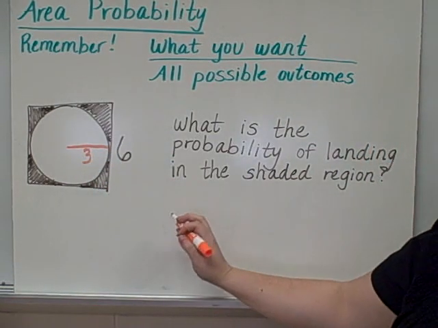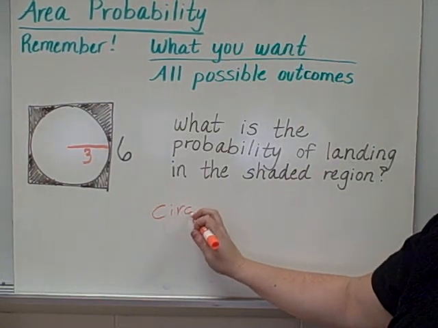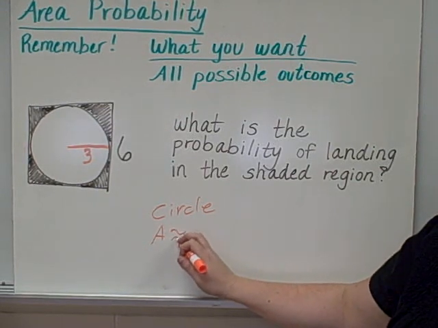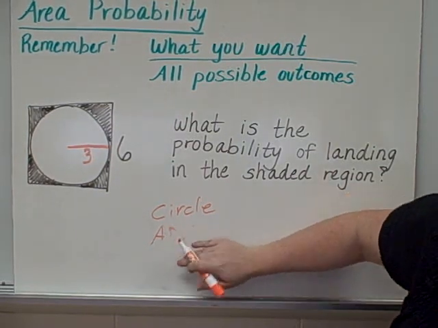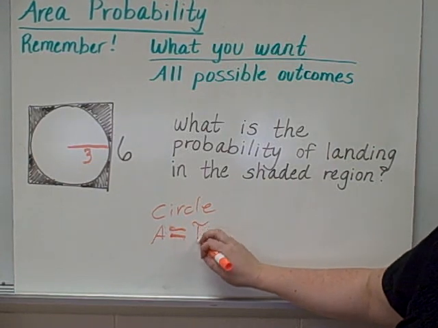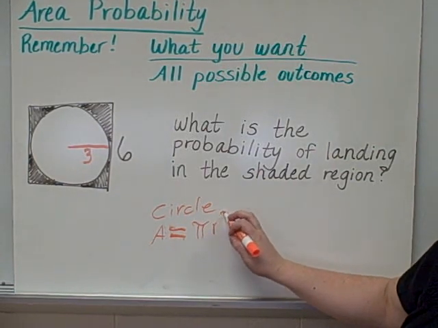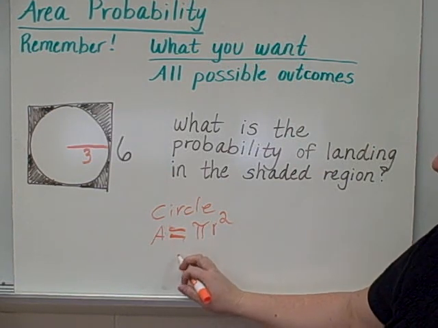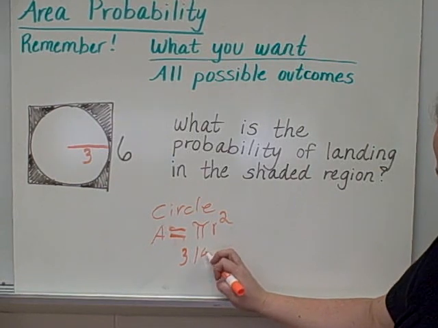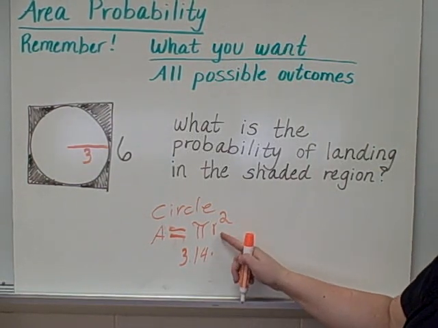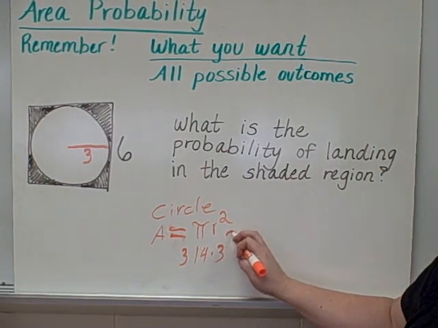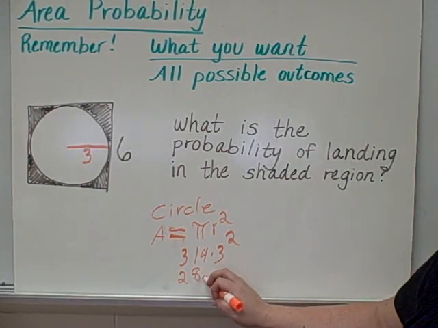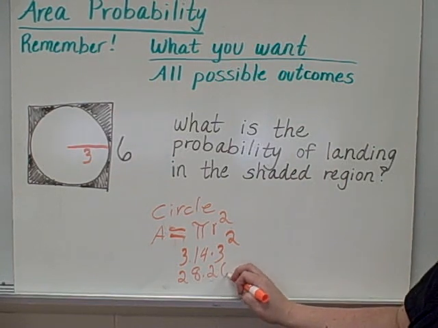So the area of a circle is pi r squared, okay? Pi, we round to 3.14 times the radius 3 squared, which gives us 28.26.